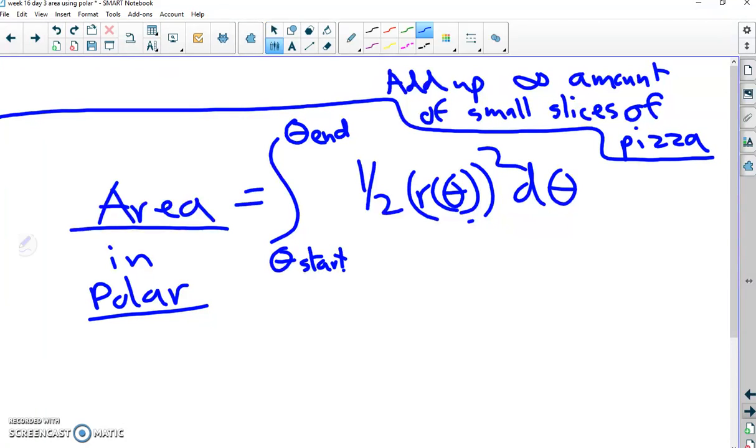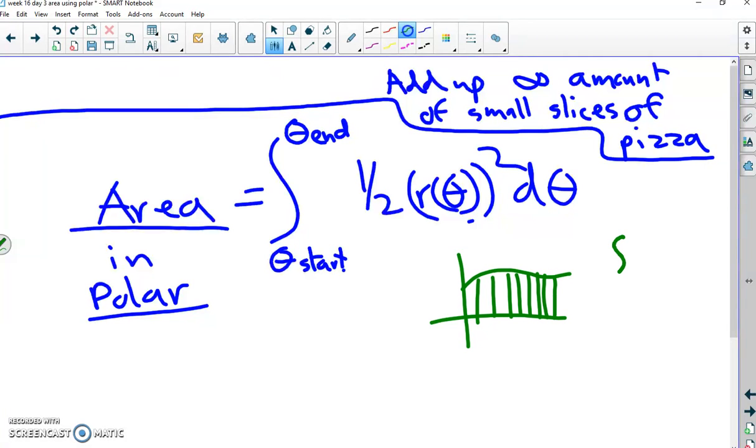In a quick nutshell with 30 seconds of explaining, it's on the previous page, but when you did area in rectangular, it was just f of x dx, because you were doing heights times widths. And that found you the area of a little rectangle.